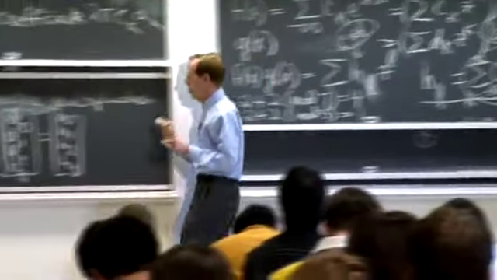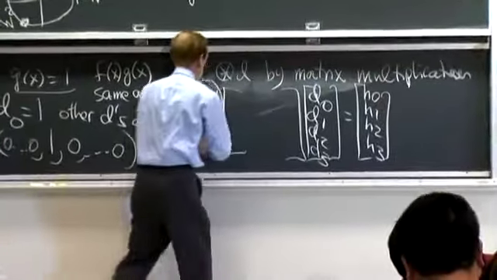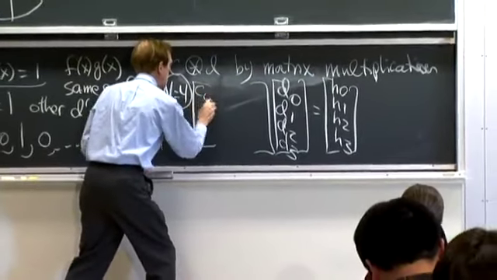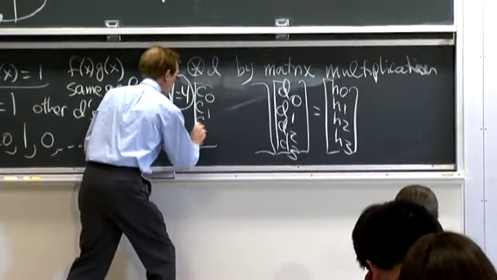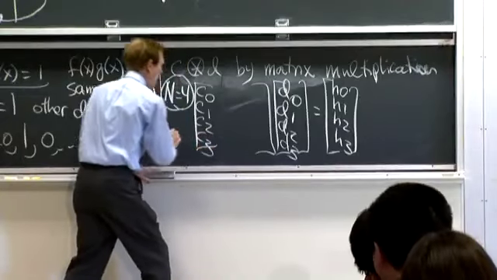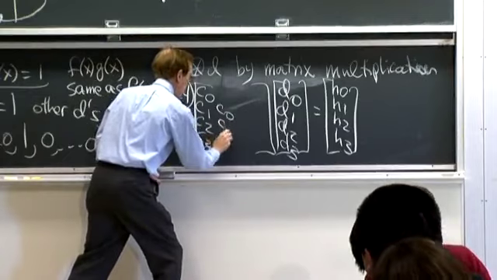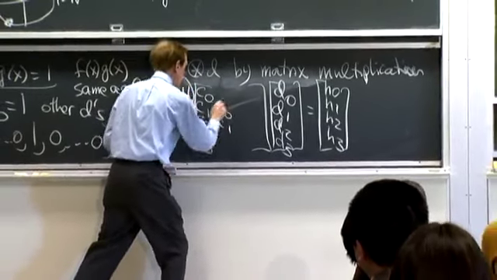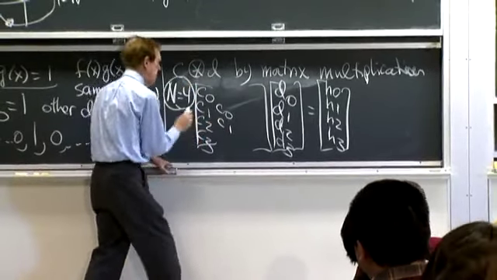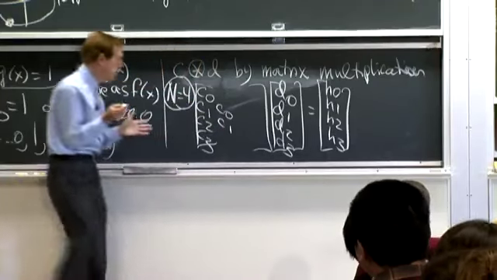Now I want to show you the matrix that'll just do this. Look, I put the C's in the first column, and then here's another, so it's a cyclic matrix.